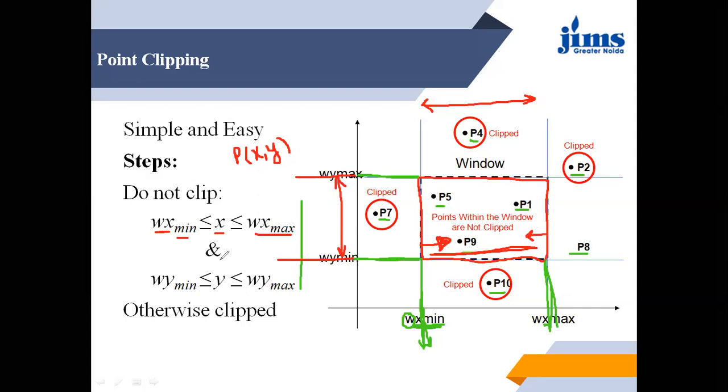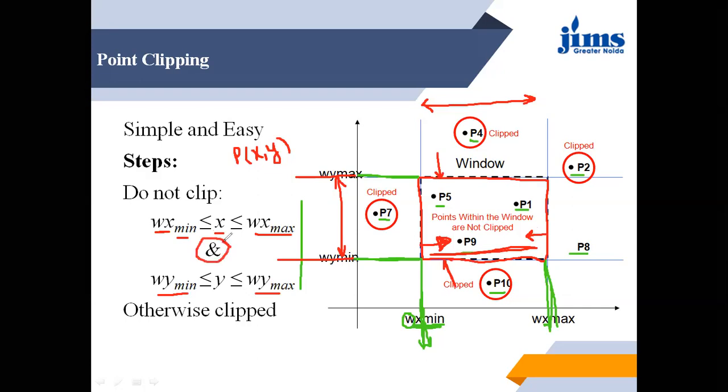Same for y: it should be greater than Wy min and less than this. You can see over here that this is an AND, which means both conditions should be satisfied.